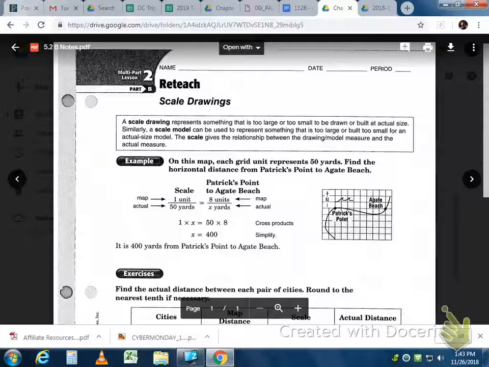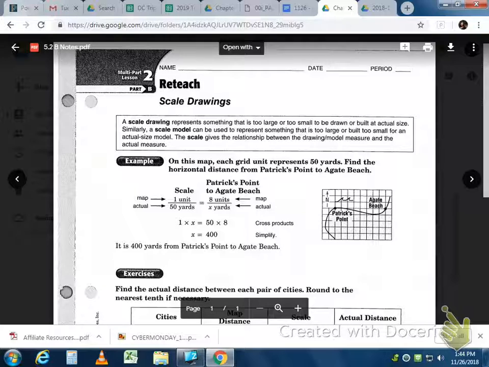So when you are looking at blueprints, if you grow up and you want to build a home, the builder's going to come to you and ask what you want, and you're going to say, well, I want this and this and this. And he's going to have to make sure that everything on that paper is exactly proportional to the same measurement all the way through, because those blueprints, yeah, he draws it for himself, but it also has to be used by the electrician and the plumber and the people that put in the cabinets or the flooring, and it's all going to be accurate.